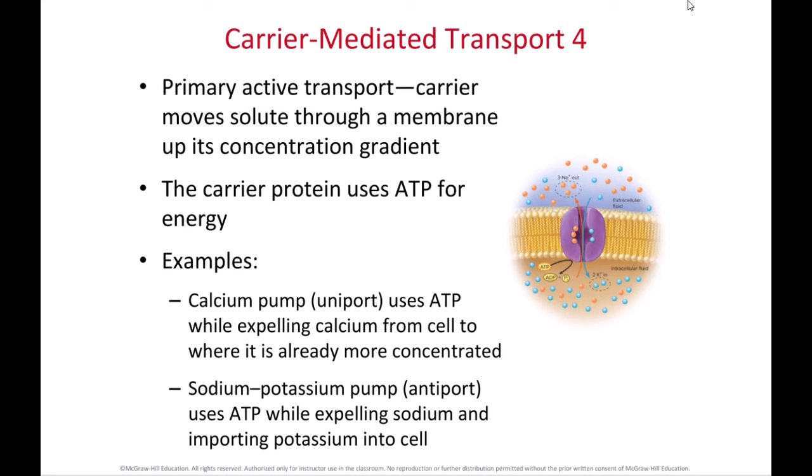It's primary. It will grab the molecule in question and push it across the membrane. Two examples include calcium pumps or the sodium-potassium pumps. Those proteins will only move the molecules in question, or the ions in question.